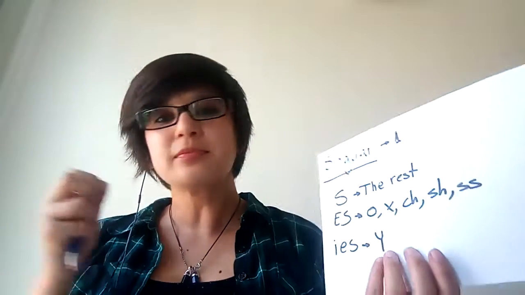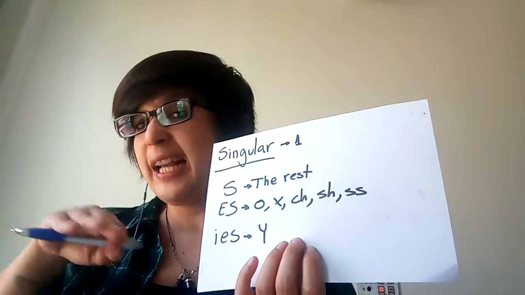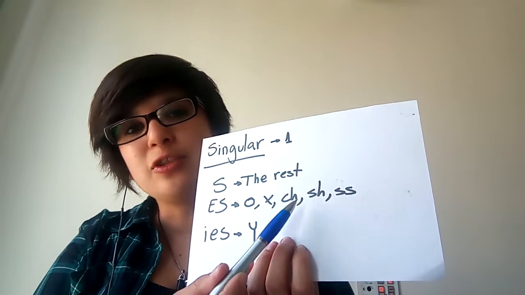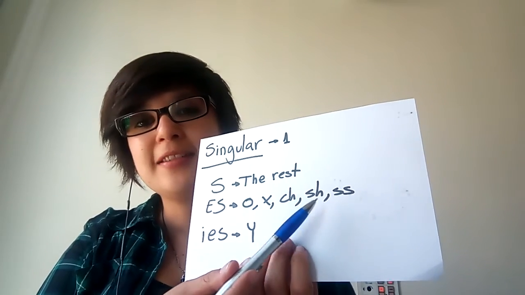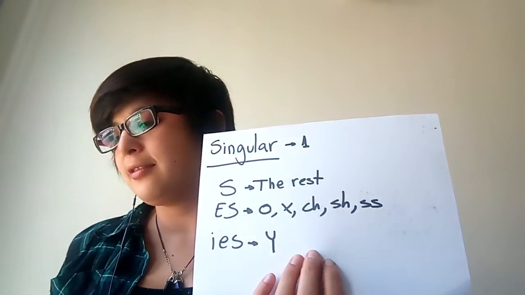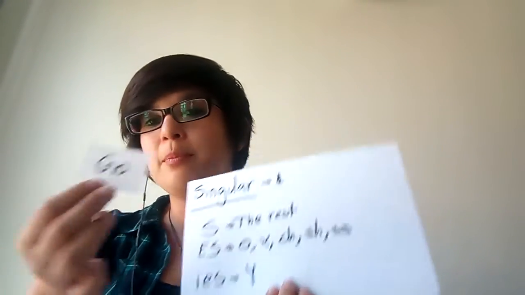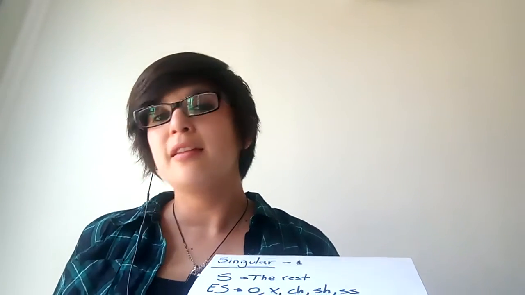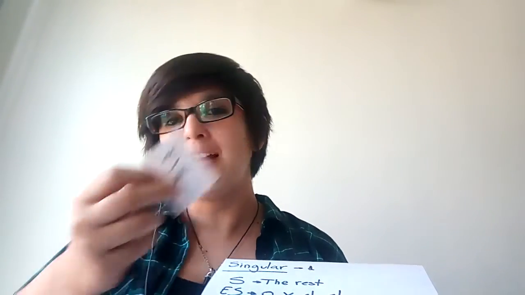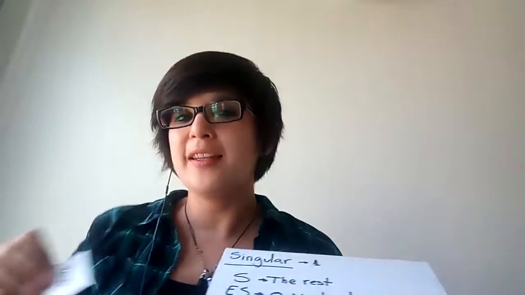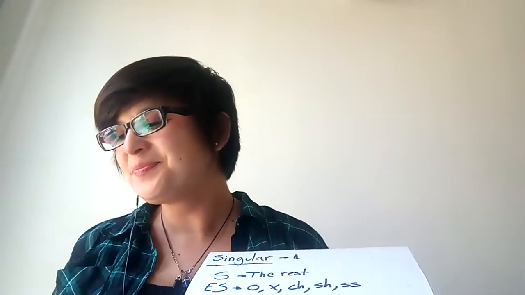Okay? Then we have, if the verb ends in O, X, CH, SH, and double S, you have to add the ES. That happens, for example, in the verb go, that means ir, the verb fix, arreglar, the verb pass, que significa pasar.